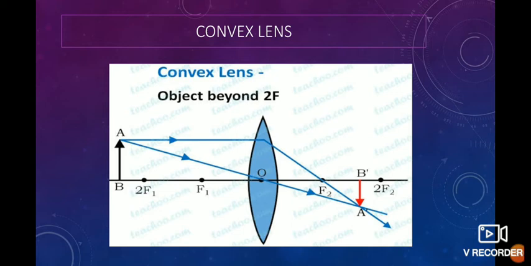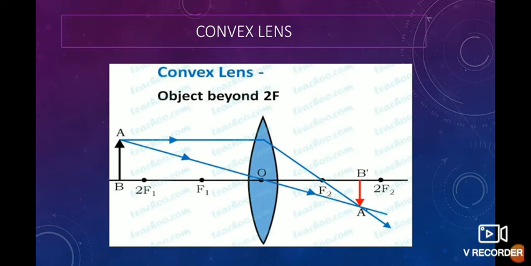So what do you see here? The convex lens is thicker in the middle. Okay, and as you go to the edges, it becomes thinner. Right? So when you place an object, what is the image formed? You can see a real and an inverted image. A real, inverted and a diminished image.